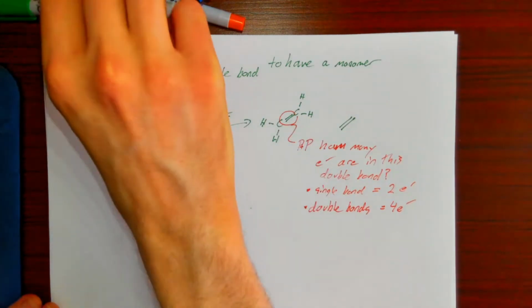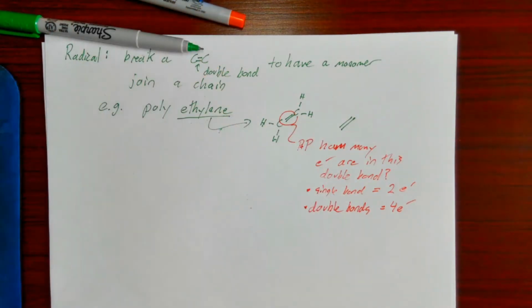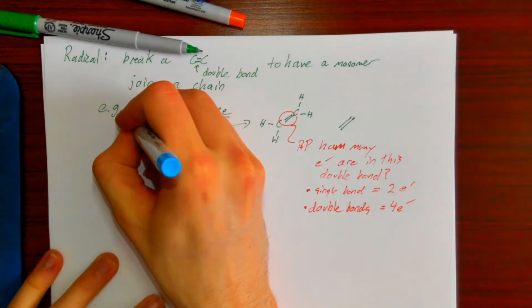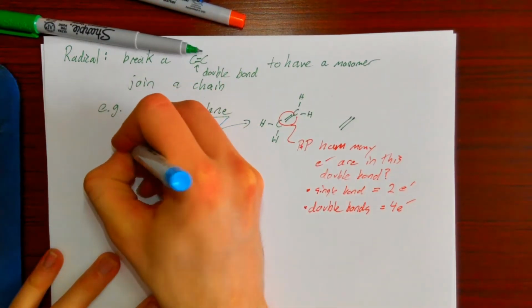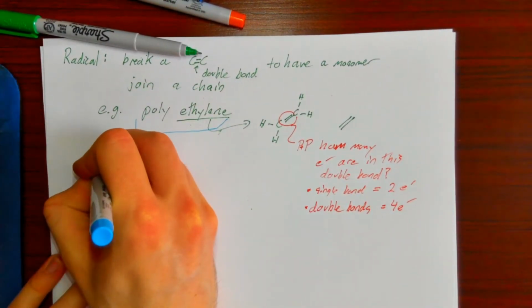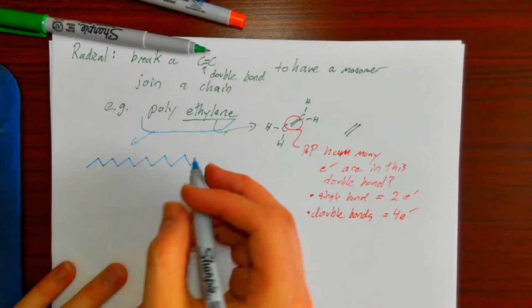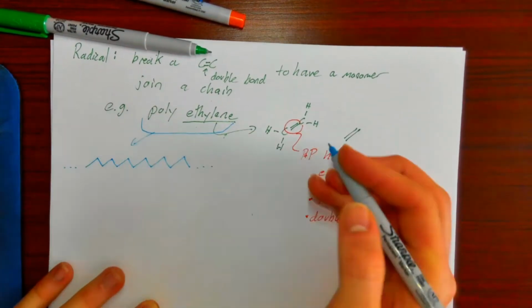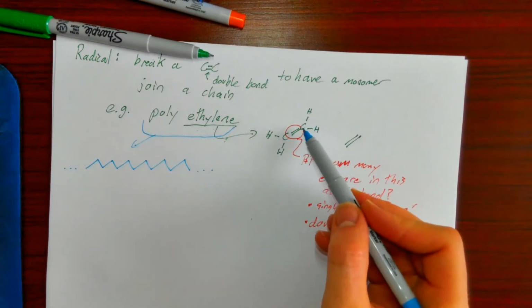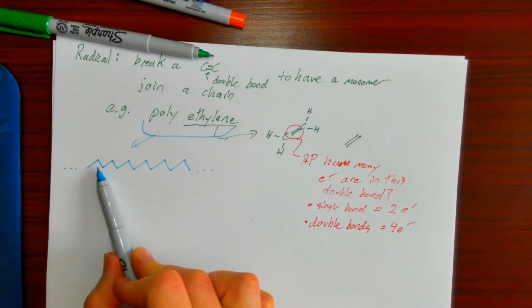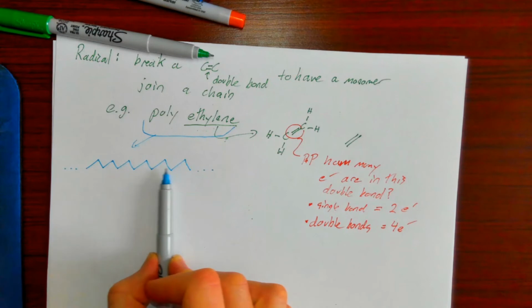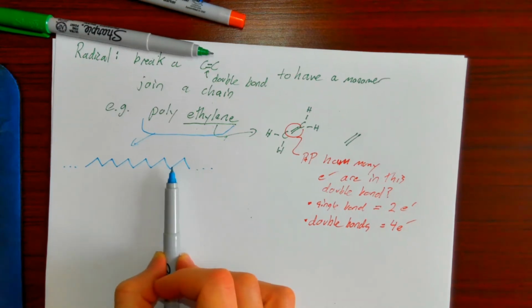It's a gas at standard temperature and pressure. Polyethylene is just a very long hydrocarbon chain. So how do we go from having double bonds in the monomer to having a polymer that's composed entirely of single bonds?